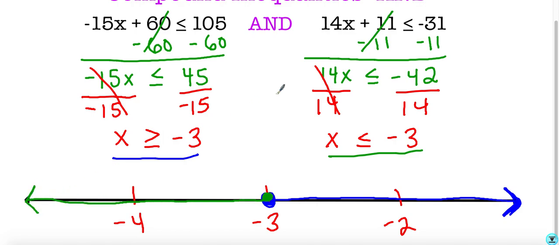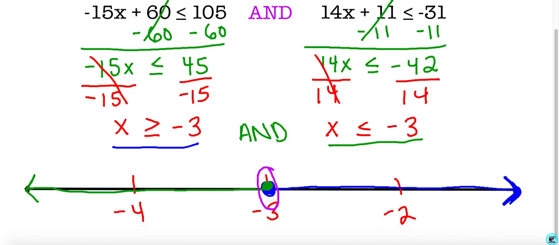Now remember that this is an AND statement, meaning that the x needs to be true for both. And the only place where it overlaps is here at the negative 3. So they're both equivalent to negative 3, but our inequalities go in opposite directions, but they both include negative 3.